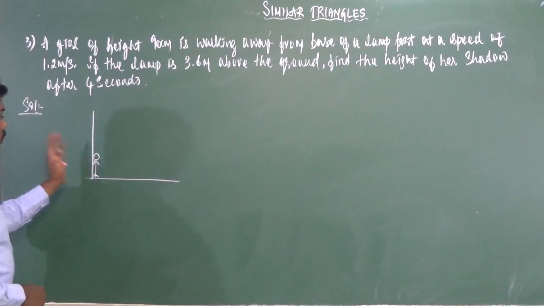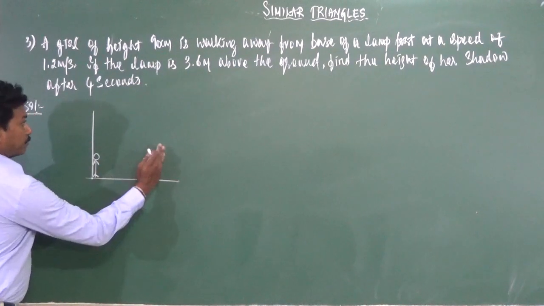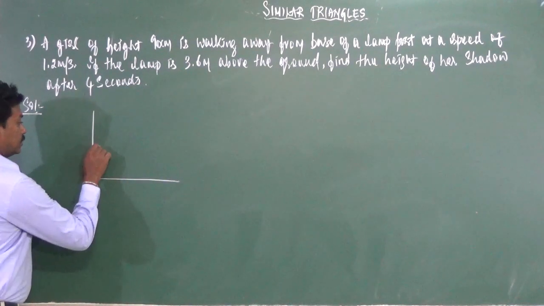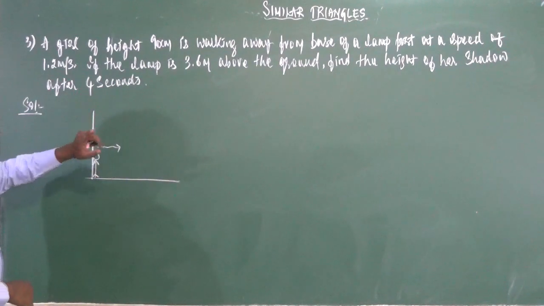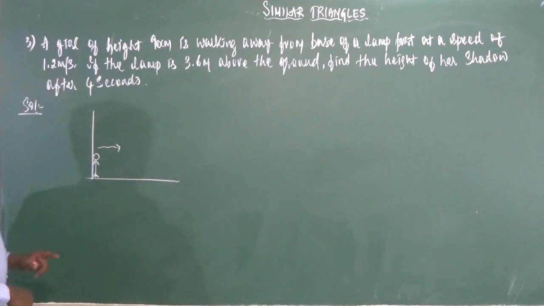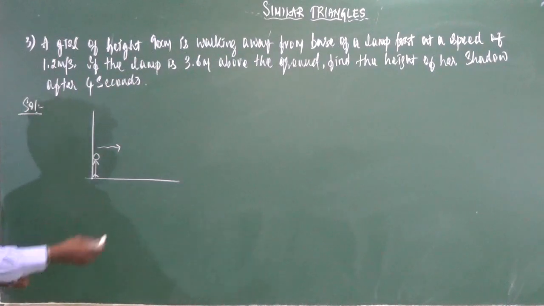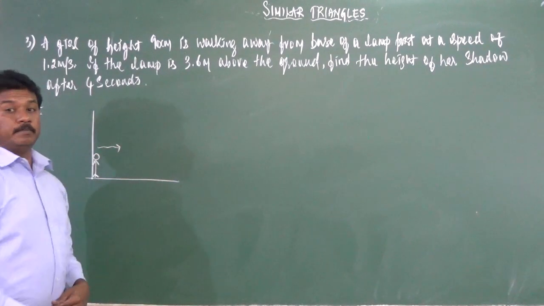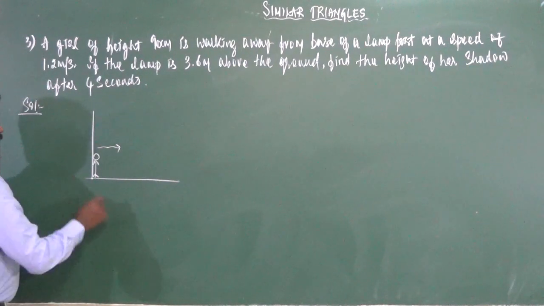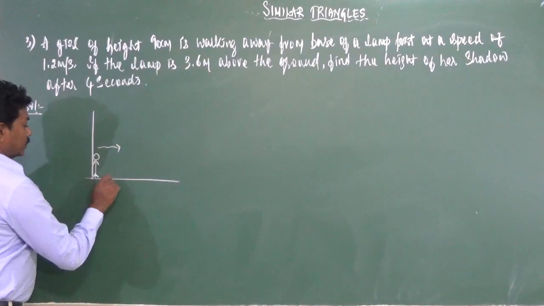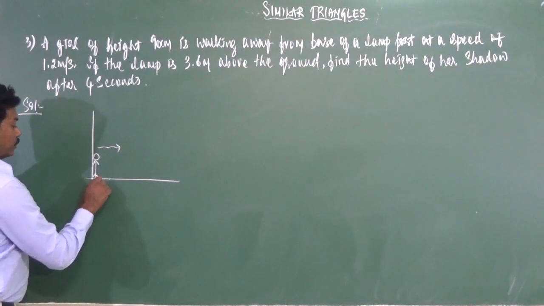So she starts walking away from the foot of the lamppost, in the sense she is going to move in this direction at a speed of 1.2 meter per second. That is, per second she covers 1.2 meters. For example, for 1 second she covered this distance, that is 1.2 meters.